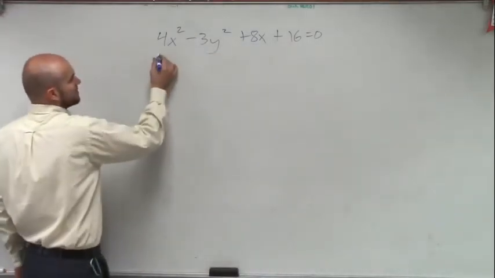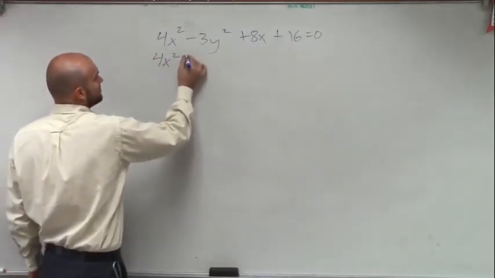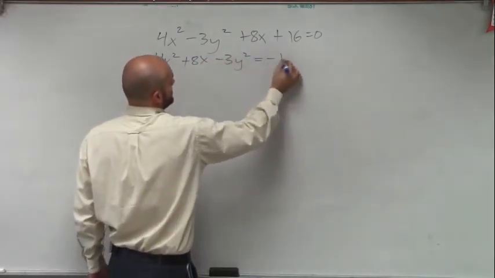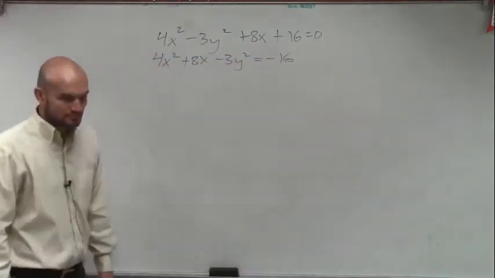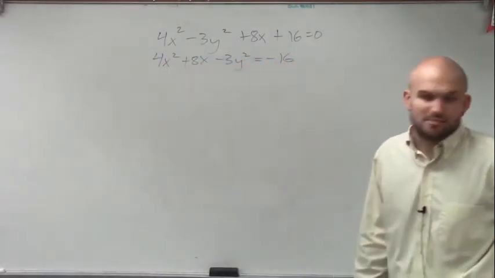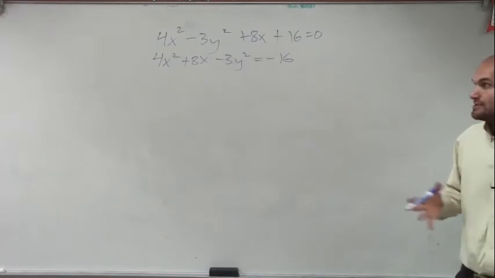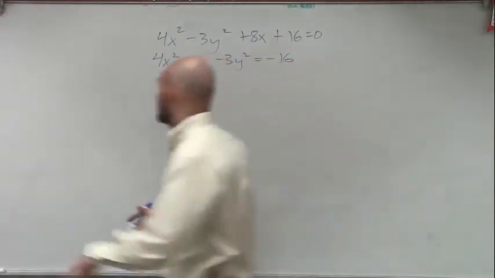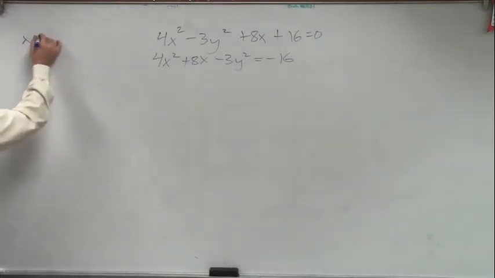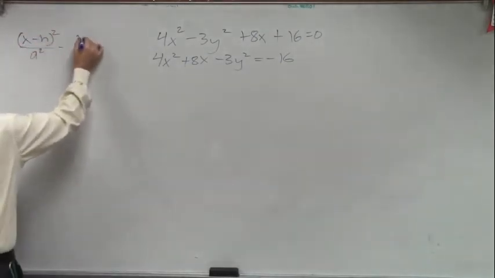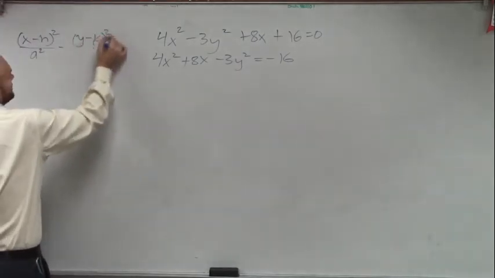So first thing we do is I'm going to combine my 4x squared plus 8x minus 3y squared equals negative 16. So I put the constant on the other side, and I arrange my x's and my y's. I do that because I want to make sure that I can combine them, because I forgot to go over this. Let's go over the formulas that we're trying to figure out.